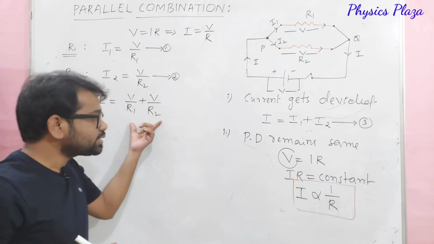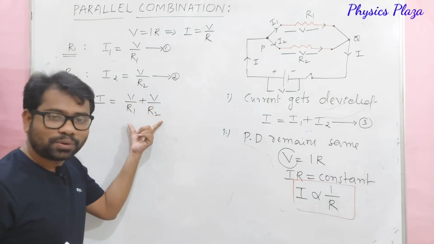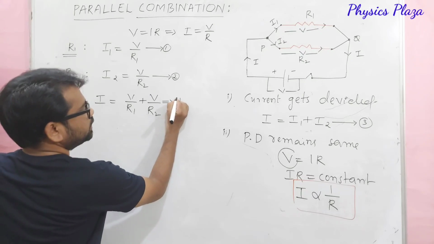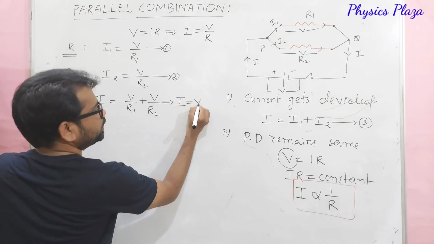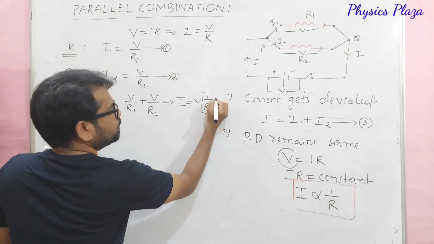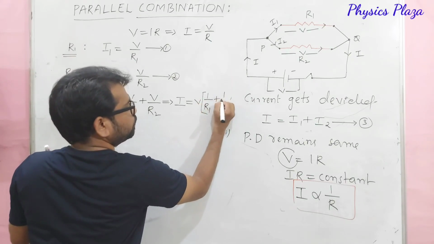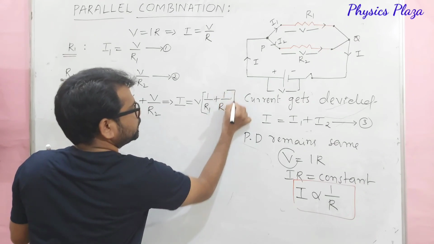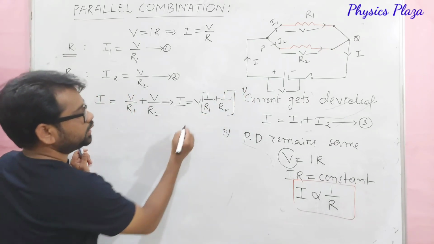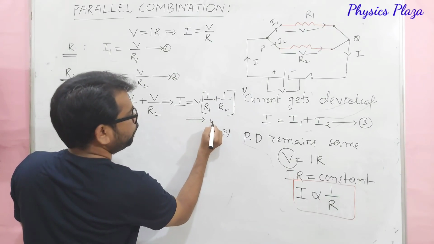Children, here can we take V as a common? Of course, we can take V as a common. So from this, I is equal to V times 1 by R1 plus 1 by R2. So this is equation 4.